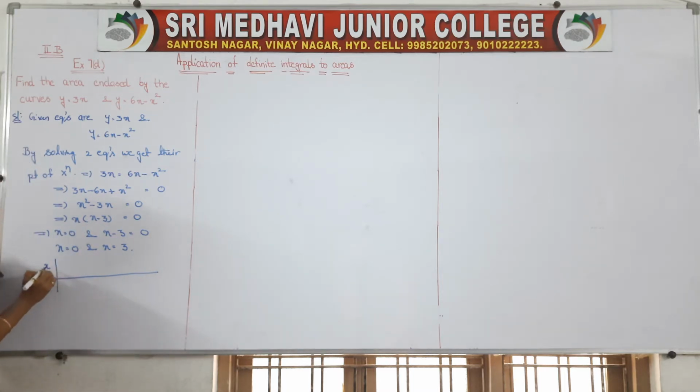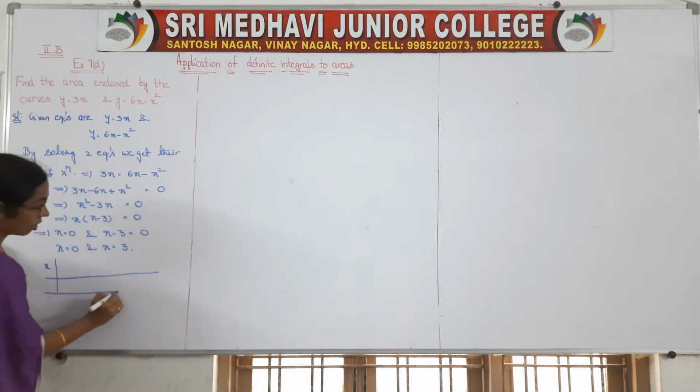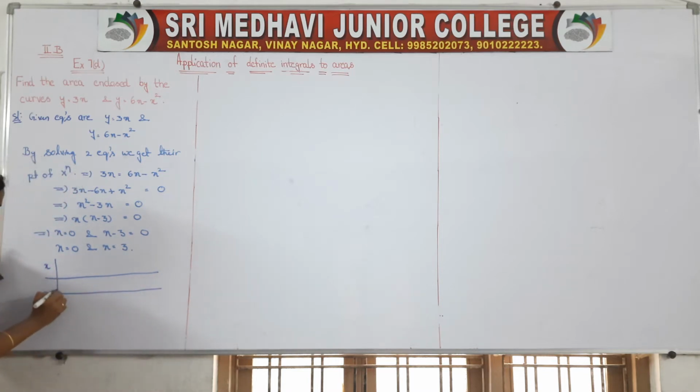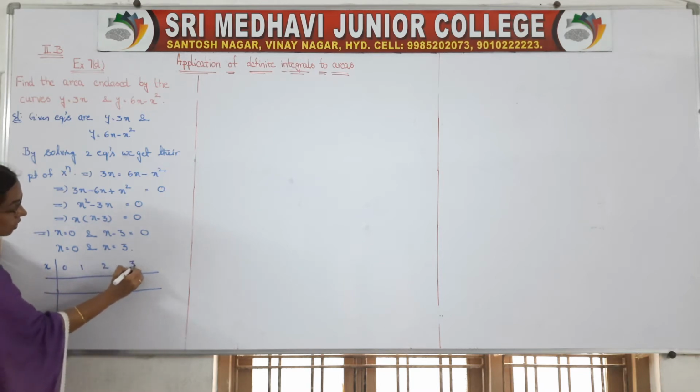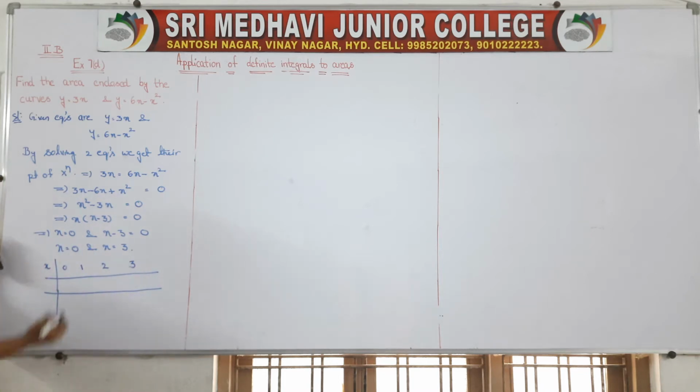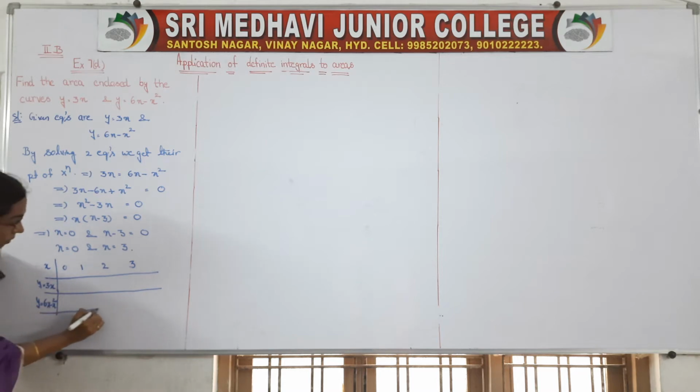So here we are having two curves, so your table contains two rows, right? So x values are 0 to 3. So you take 0, 1, 2, 3. And the y values are y is equal to 3x, one curve, and another one is y is equal to 6x minus x square.